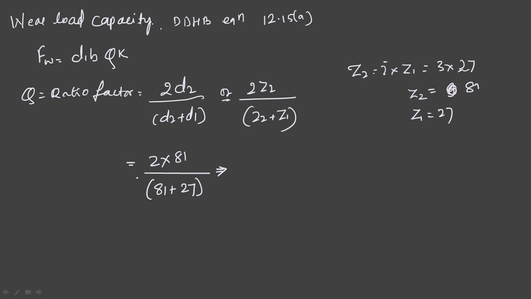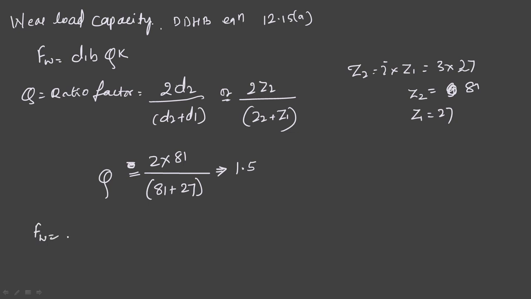Ratio factor is always greater than 1. We just check it. How much you got? 1.5.